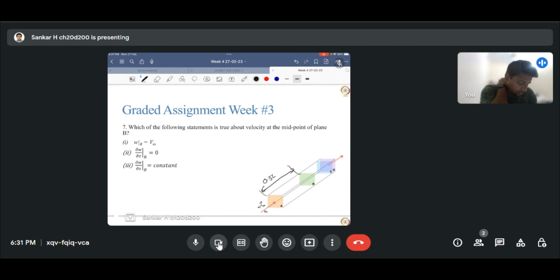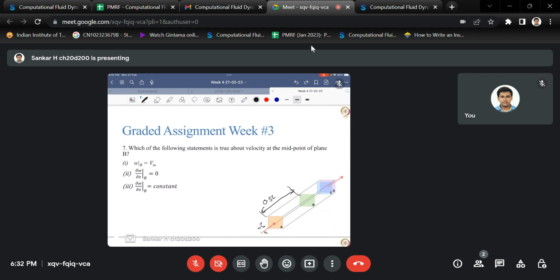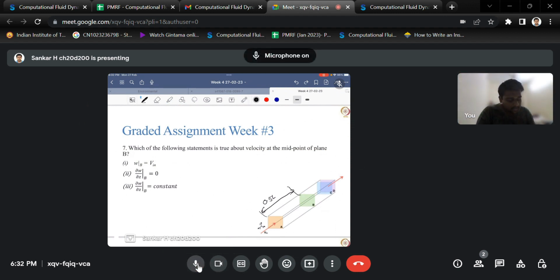And here what is asked is the velocity at point B. For the flow to happen in this direction, we need the velocity at B to be greater than the velocity at inlet. So this first statement is false.